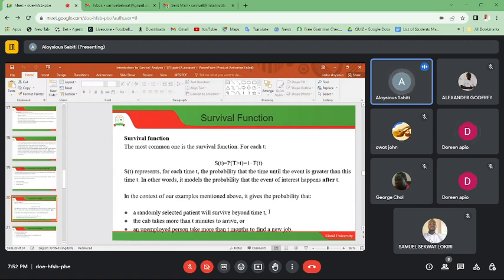So if we looked at the age 30, the probability that an individual will die is greater than the particular time that is 30.